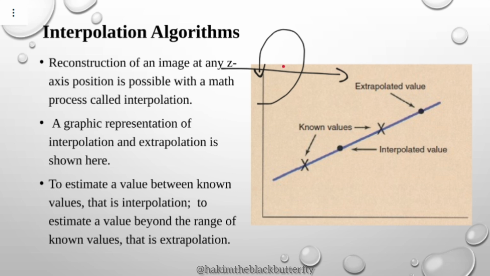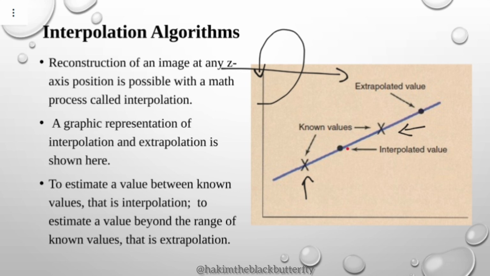Using interpolation algorithms, those are mathematical equations. If you remember in your mathematics, whether O or A level, we used to do interpolation. If you have two known values, for example, if you have this graph, it becomes very easy to calculate the unknown value in between the two.